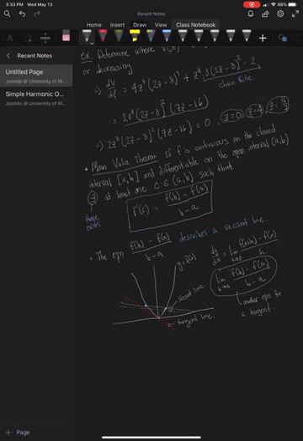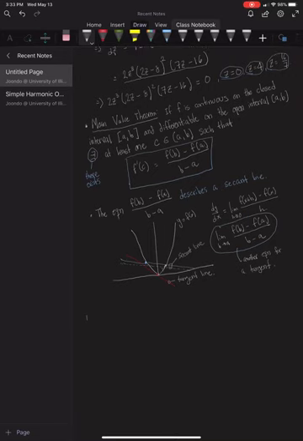So the slope of the tangent line, in conclusion, m, can be thought of like this. For a function y equals f of x, it can be thought of as the limit as x tends to a of f of x minus f of a over x minus a.